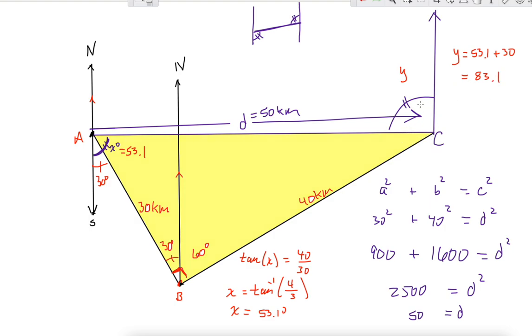So if this is 90, it's going due west right here. But because it's 93, it means that A is actually more north than C, despite how I drew it, right? So this angle right here is 83.1.